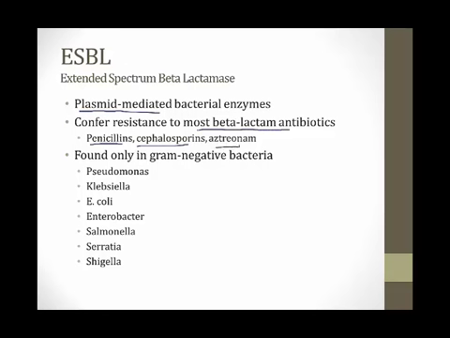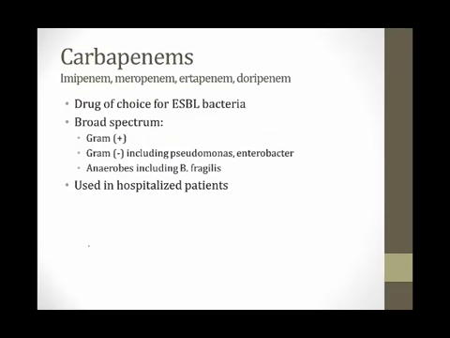These beta-lactamase enzymes are found only in gram-negative bacteria. They're often found in Pseudomonas and Klebsiella, but they can also be found in these other gram-negative bugs listed on the screen here. And once one of these bugs obtains one of these enzymes, it becomes very resistant to most beta-lactam antibiotics. Carbapenems are the drug of choice for ESBL bacteria.